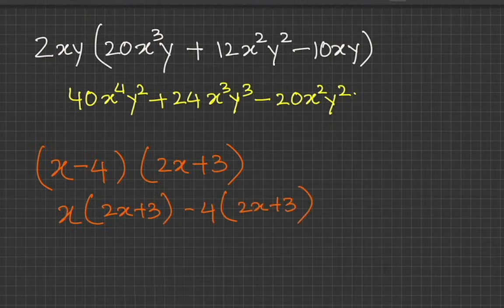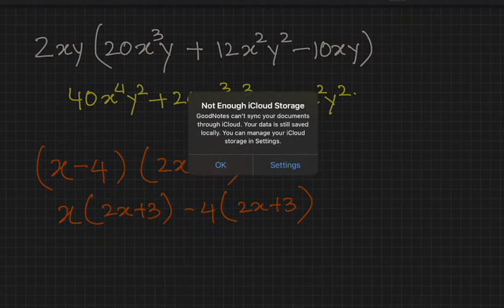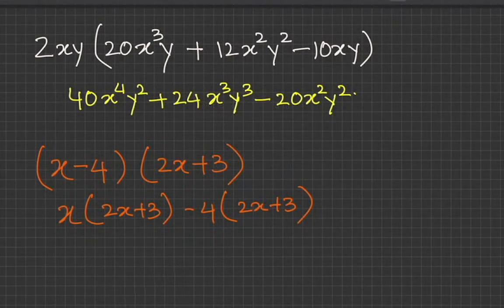So every term in one binomial multiplies every term in the other binomial. So now, x times 2x is 2x squared, plus 3x. Then I have a negative sign, so minus times plus gives me minus 8x, then again minus, and I have negative 12.